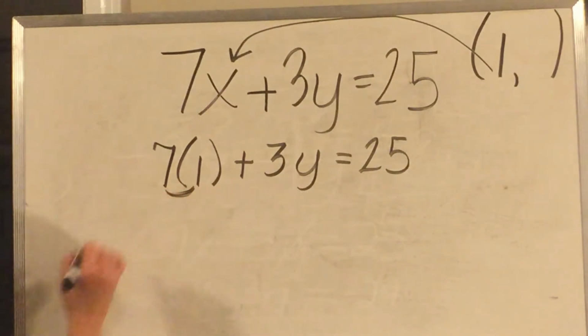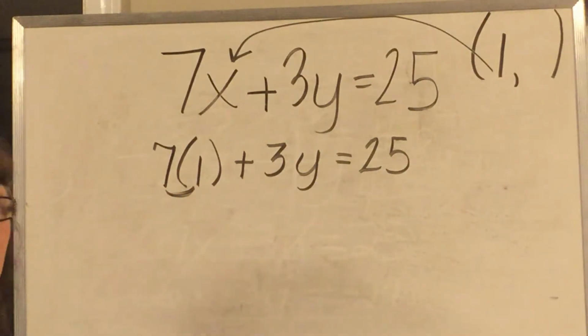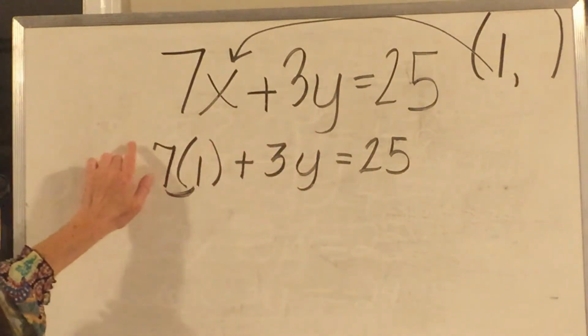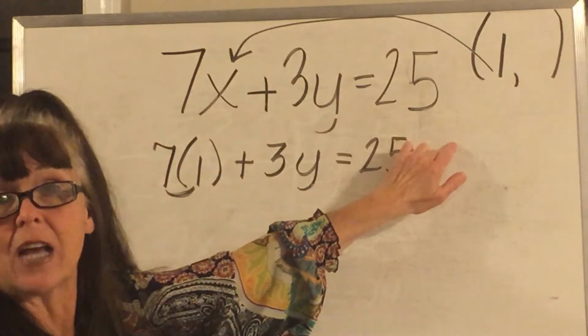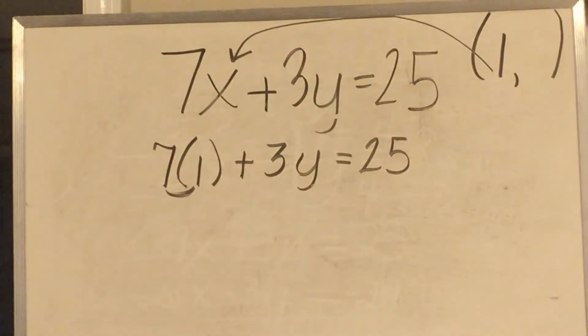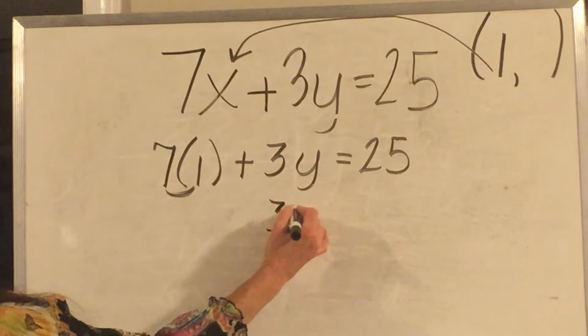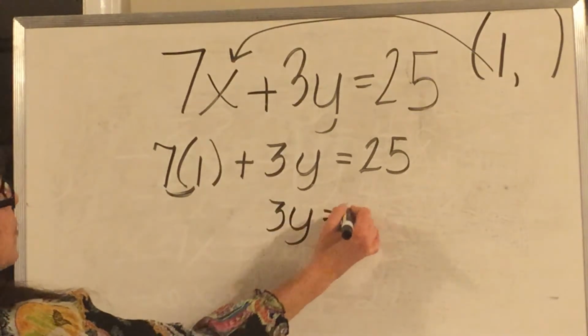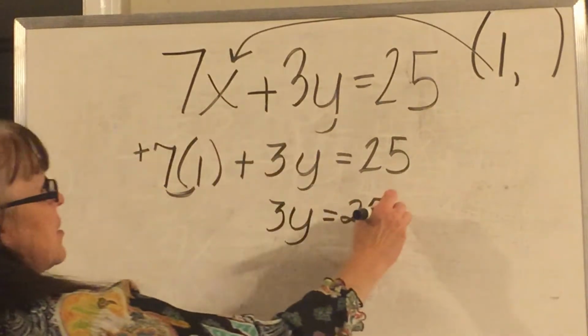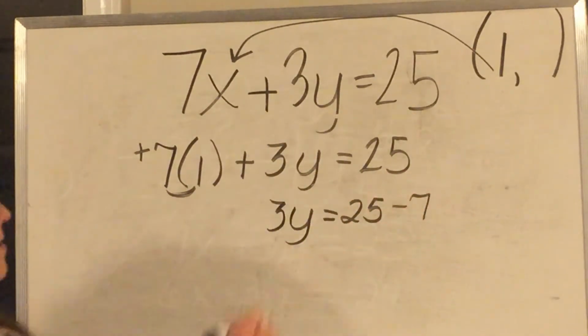And this is going to give you positive 7. And this is what we do in my class. We keep the variable and we move the number to the other side. When you move the number, you have to change the sign. So this is going to be 3y equal 25. This positive 7 is going to become a minus 7.